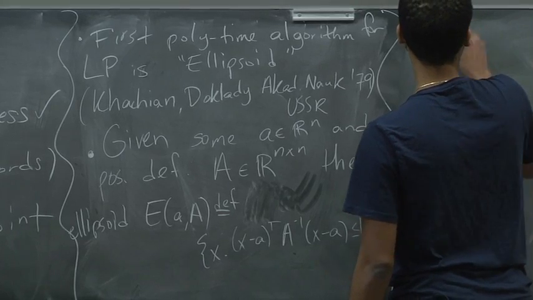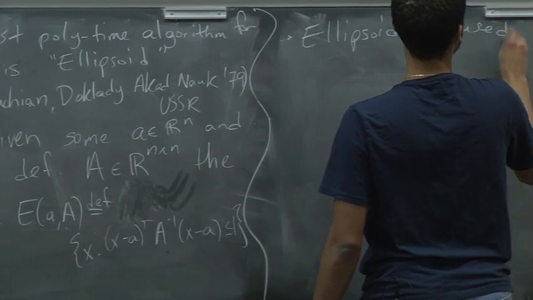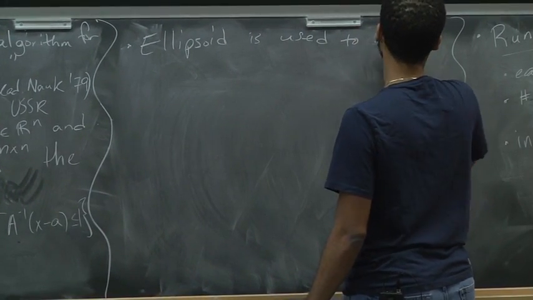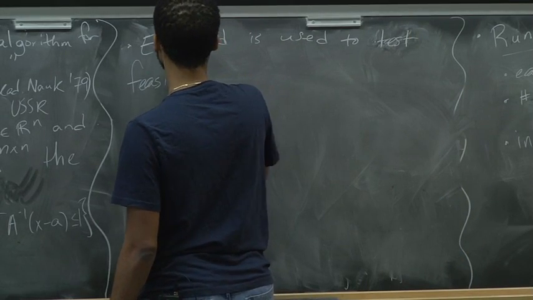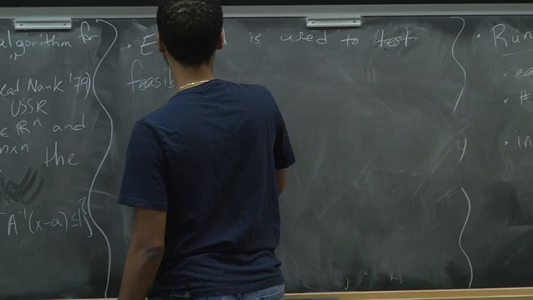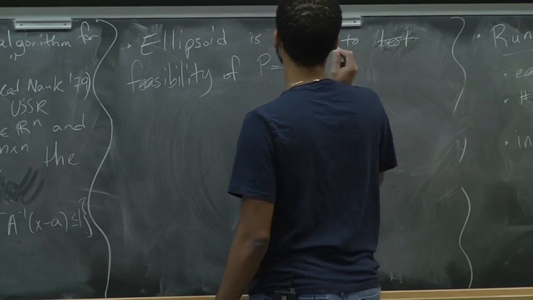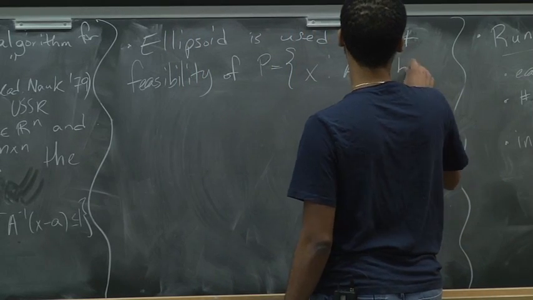Okay, so the ellipsoid algorithm is used to test feasibility of some polytope, which is a set of all x such that, let's say, Ax is at least b.